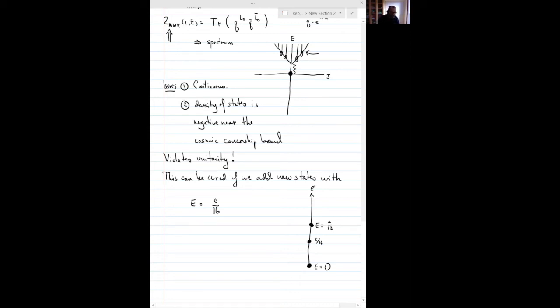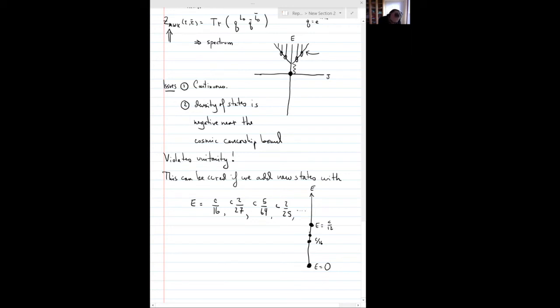However, it turns out that that doesn't quite do it for you. You still need to add another state with energy c times 2 over 27, which lives somewhere here. Then you proceed with the argument, and you find that you need to add another state with energy c times 5 over 64, and then another state with c times 2 over 25, and so on and so forth.